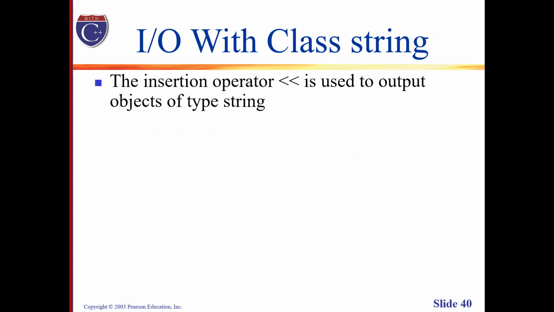Now let's talk about I/O with the class string. The insertion operator is used to output objects of type string, just like what we did with a regular output stream. For example, we have the following. As you can see here, we can display the contents of the string variable S using the insertion operator with cout.